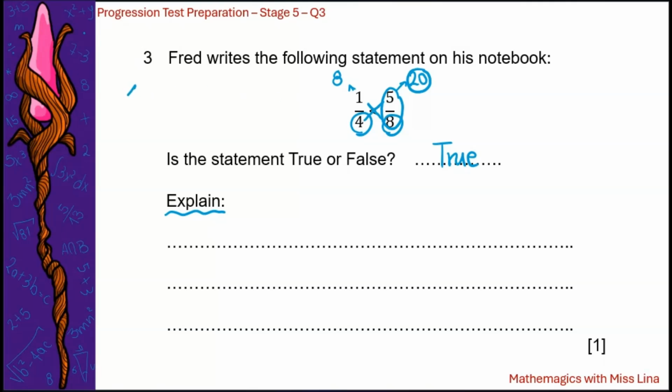So if we take 1/4, it's going to be easily converted into a fraction that has the same denominator as 5/8 if we multiply by 2. Remember, to get equivalent fractions, we can multiply or divide top and bottom, and the result is going to be an equivalent fraction. So 1 times 2 is 2, and 4 times 2 is 8. So this is 2/8.